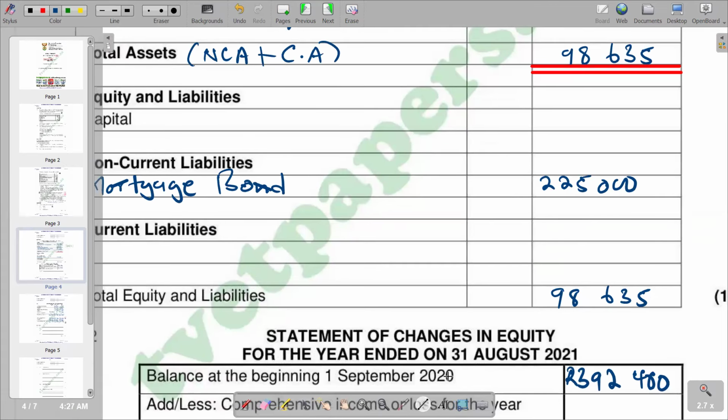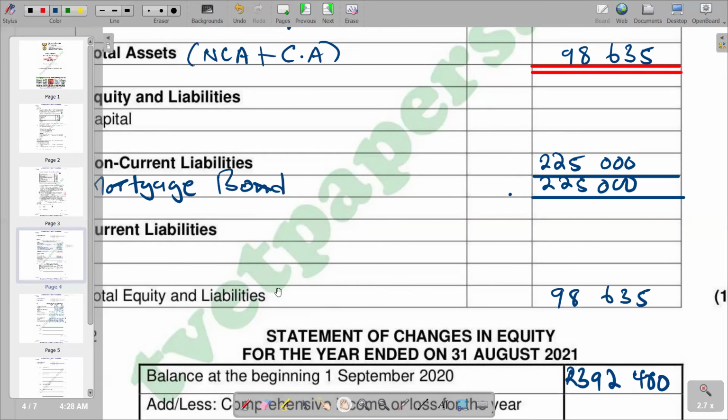And then this is the same figure that is going to apply as our total for non-current liabilities. So we put the same figure, 225,000.